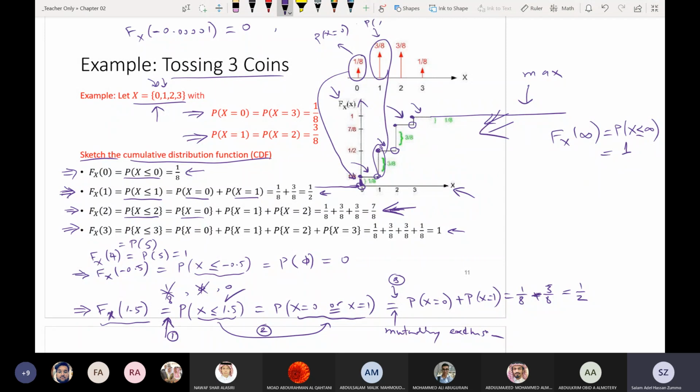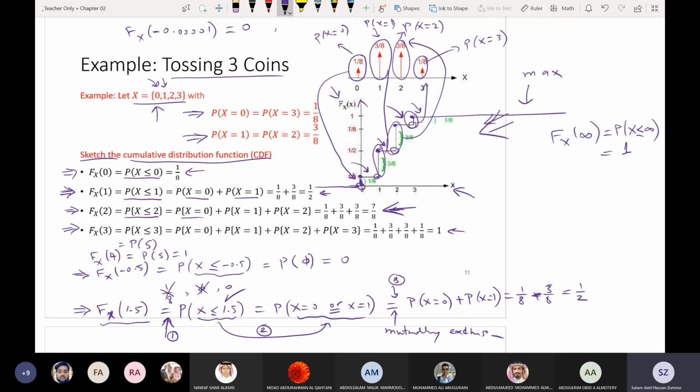Do you see this? The jump that happened here, 3/8, equals the probability of X equal 1. The third jump that happened here equals the probability of X equal 2.